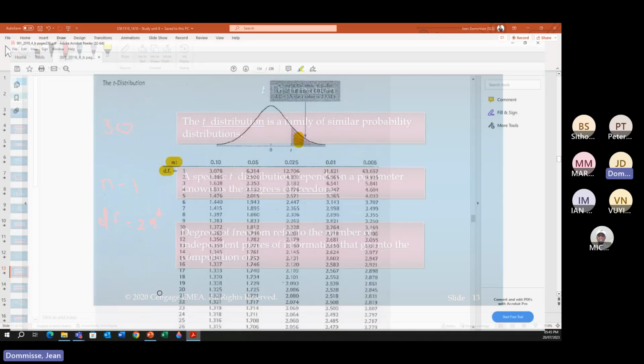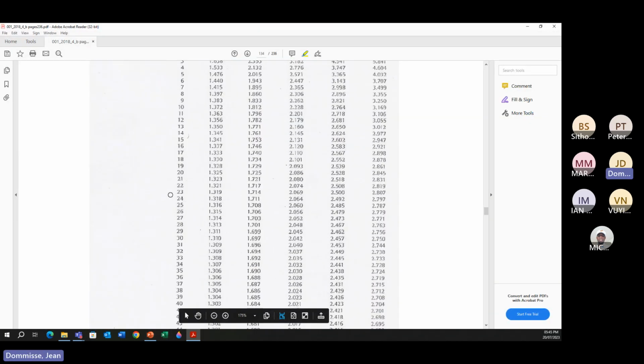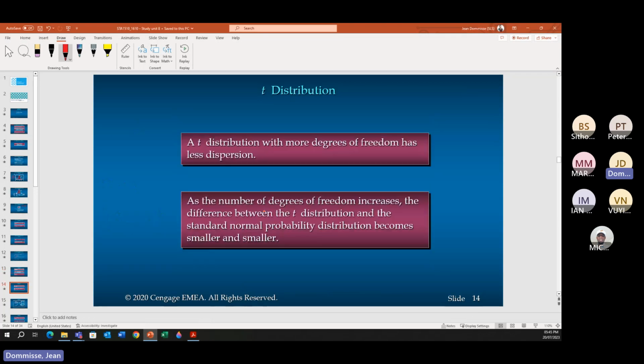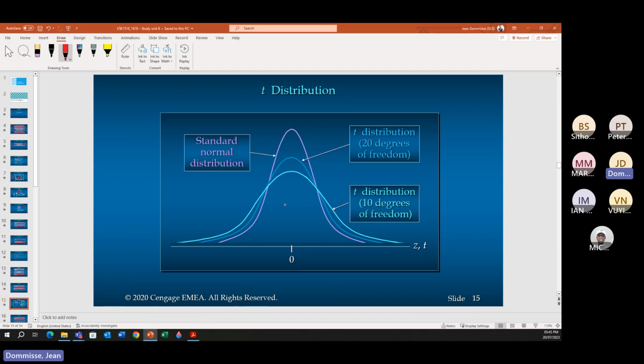And then, if we go down to 29, obviously we'll see a few answers, but then I also need to tell you your level of significance. So let's see if we have it in here.